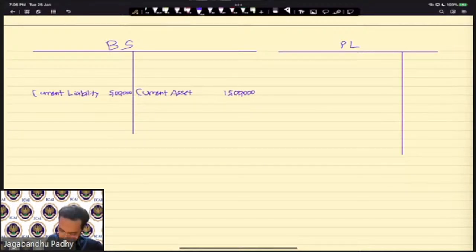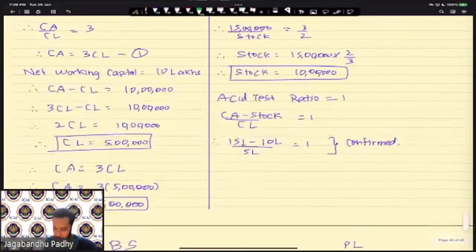And in that current asset, we also have information about stock. That stock is 10 lakh.